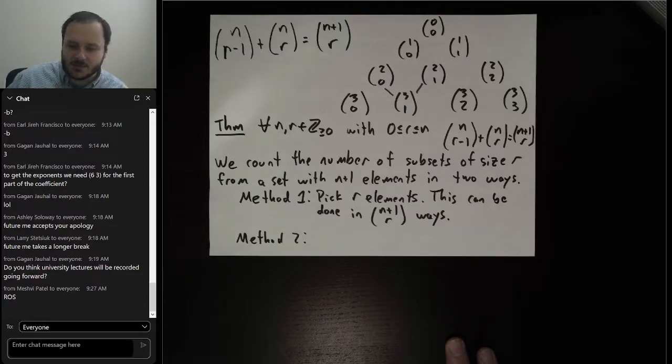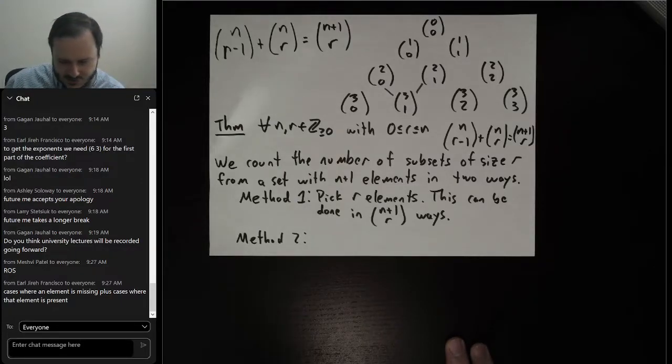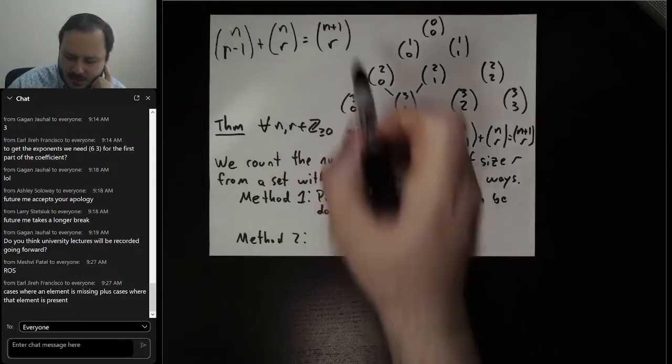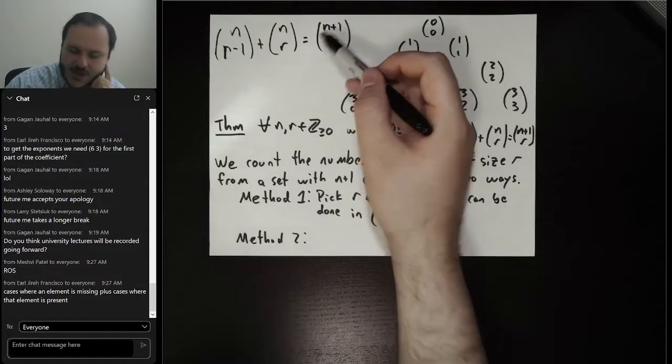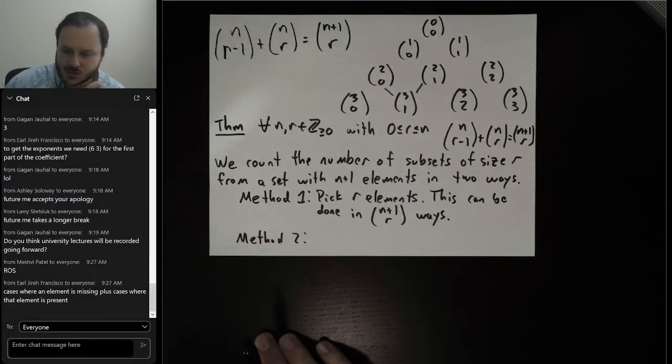I'm adding something together, which means there have to be two separate cases. Yeah, really good. So that should get you thinking, what are those cases? And the other thing to think about is that here I have n plus 1 options, but here I only have n options. So I have two cases, and I have one fewer option.